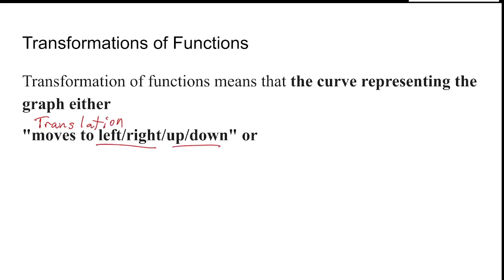So what we're going to see as we look at the different types of transformations is that they will involve either the x variable, the input variable, or the output variable, which we can also designate as y, since y is f of x. And so we can think about things happening inside the function for the input.